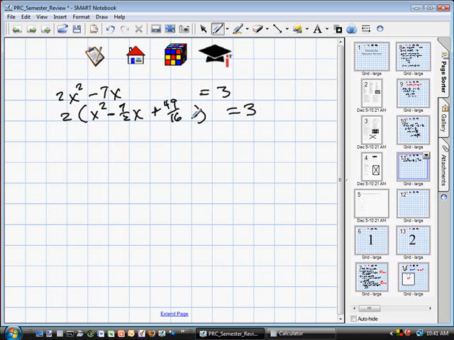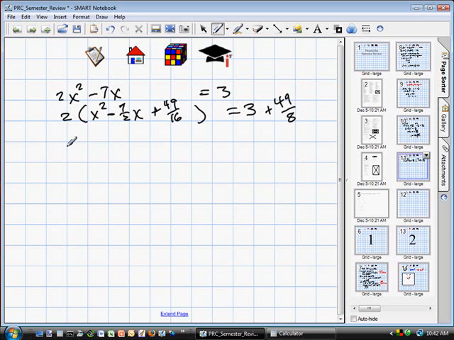But now, what did I just add to the left side? Be careful, what did I just add? I didn't add 49/16. Didn't I add 49/8? Because what's 2 times 49/16? 49/8. So because I added 49/8 to the left side, got to add 49/8 to the right side.